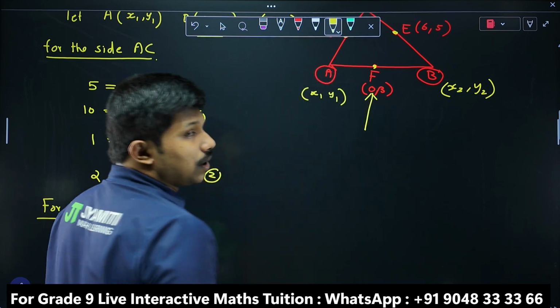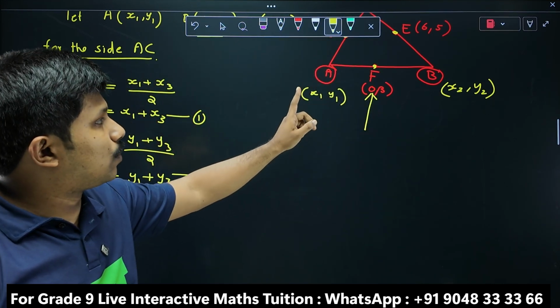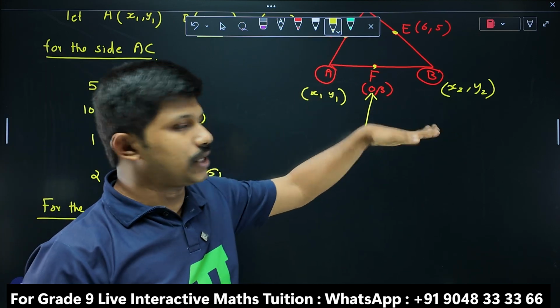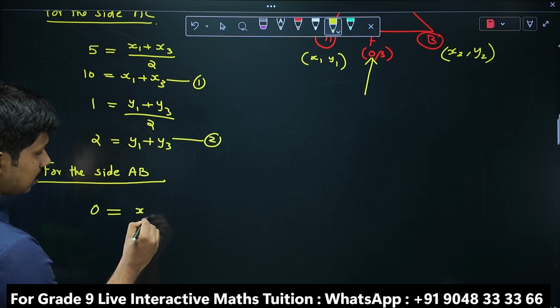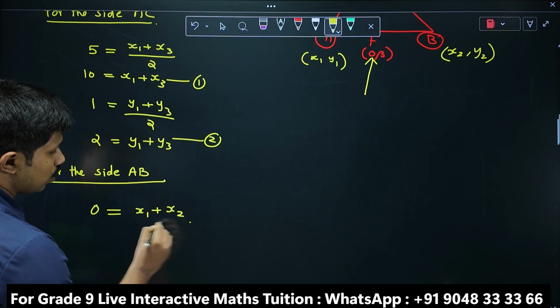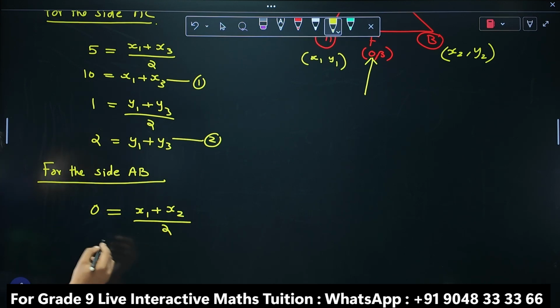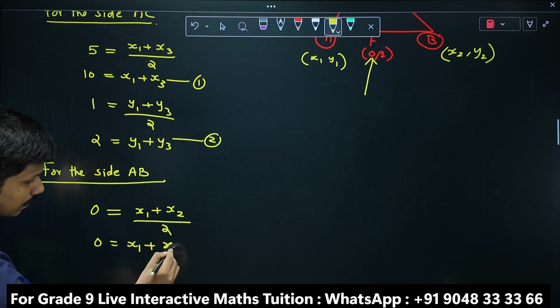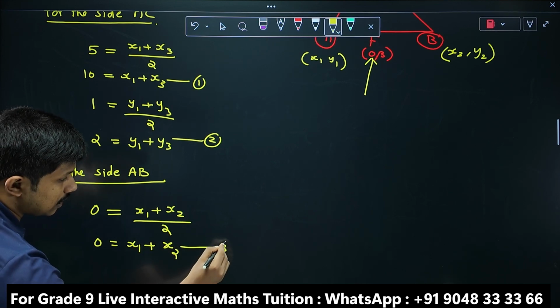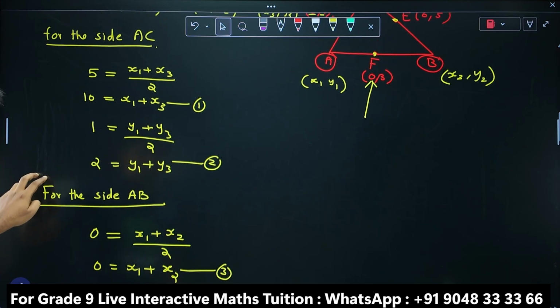The x coordinate of the midpoint will be the sum of the x coordinates of the endpoints by 2, so (x1 plus x2) whole divided by 2. Bringing 2 to this side we get 2 into 0 equal to x1 plus x2. This is equation number 3, and we got it from the side AB.